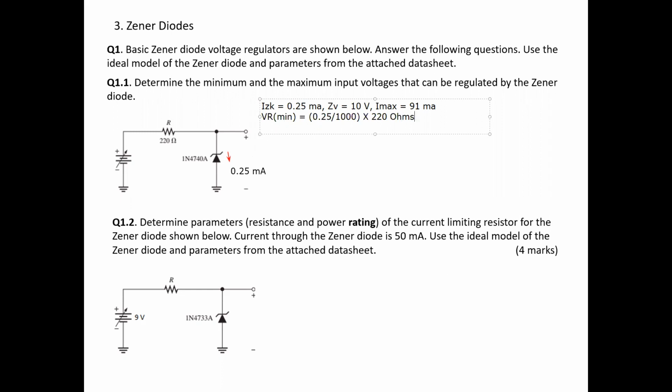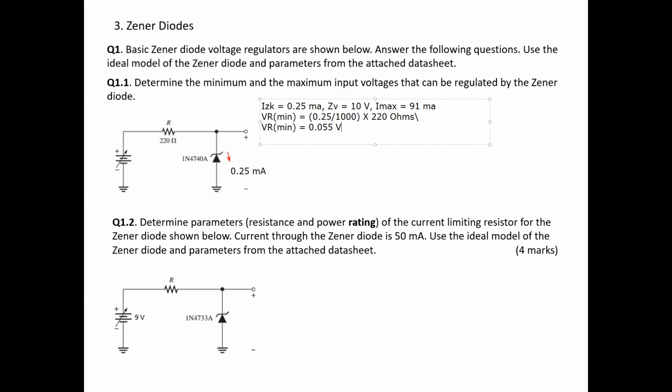This should give us the voltage drop. So V R min should be 0.055. If you calculate this one, you will find this.